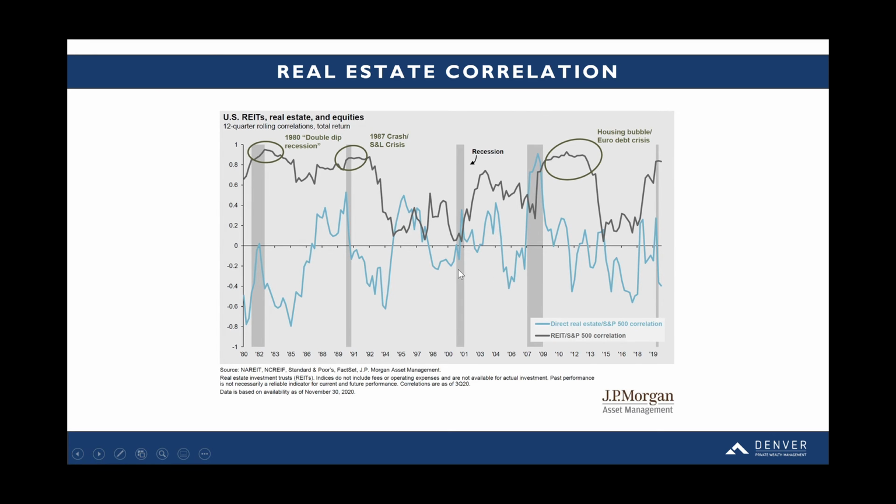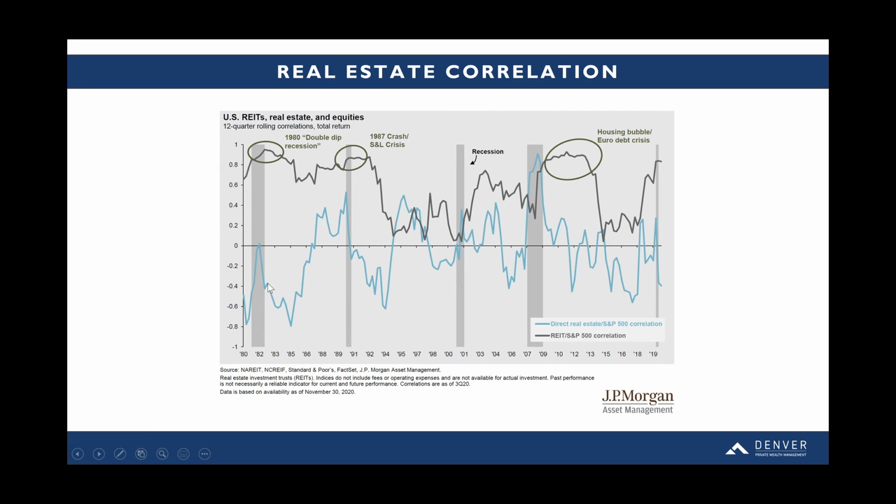While on the blue line here, in direct real estate, you'll notice more of a historical, since 1980, negative correlation overall. And so when I look at that uncorrelated return driver and some of the returns that you can potentially get out of private real estate, this becomes a lot more attractive to us. Even more so if you notice three of the main recessions here: the 1980 double dip recession, Black Monday, the 1987 crash, and this other circle, along with the housing bubble and Euro debt crisis.